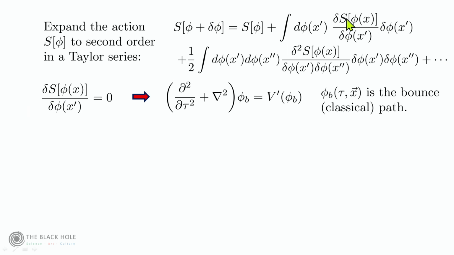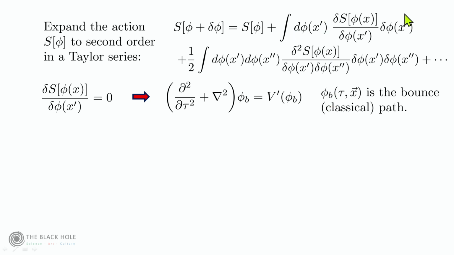The first term has to vanish. So you could say the principle of least action. And this is Newton's law in imaginary time, the equation of motion. And this is just what you would expect, d2 d tau squared plus del squared phi equals this. This b over here denotes the classical path.